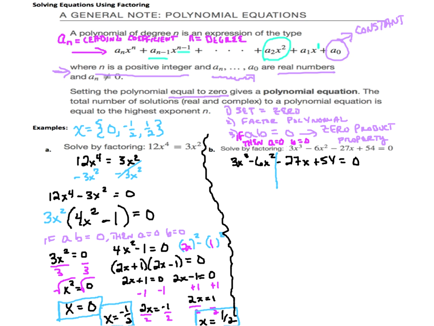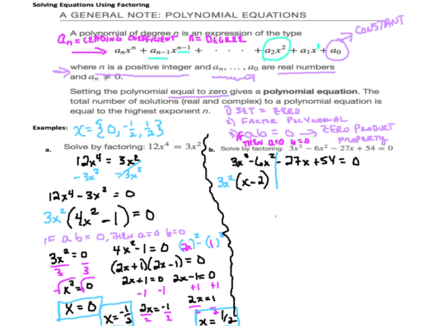To group, you split it down the center, and you GCF your first 2 terms. So my GCF here is a 3x squared. My leftover is x minus 2. Move to the opposite side.